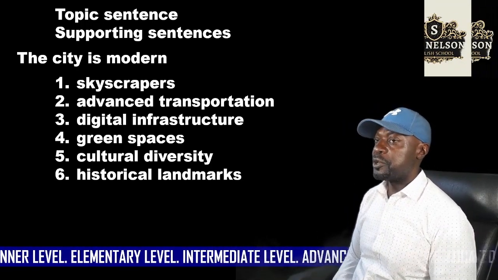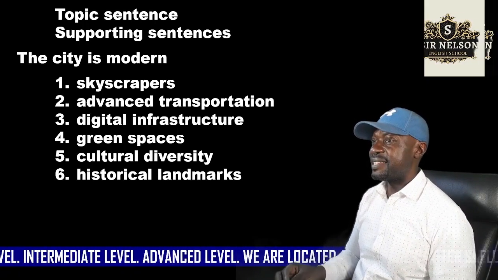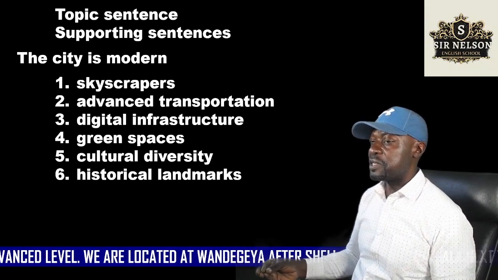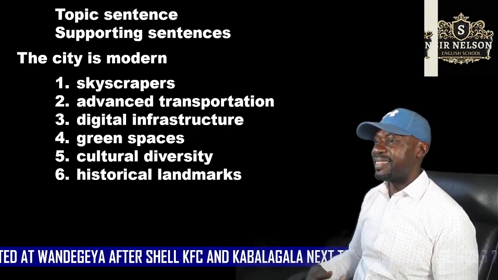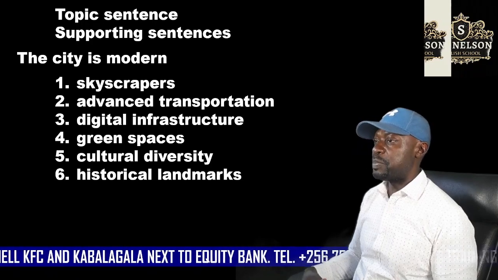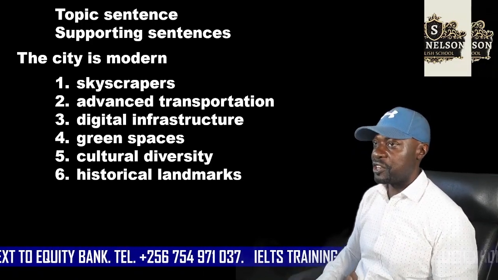For example, you could say, the city is modern. What is modern? If something is modern, you can use any of these. That is an indicator of modernity. So you can give specific examples if you have any of these in your country.